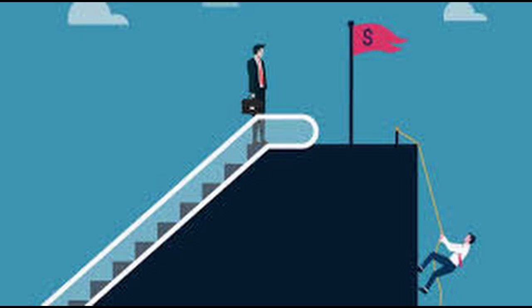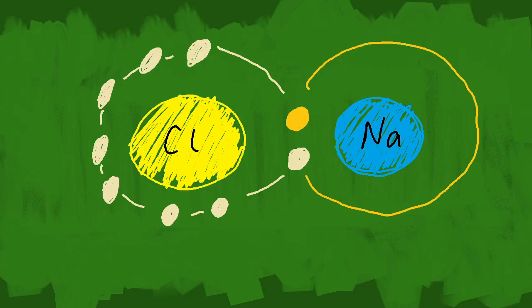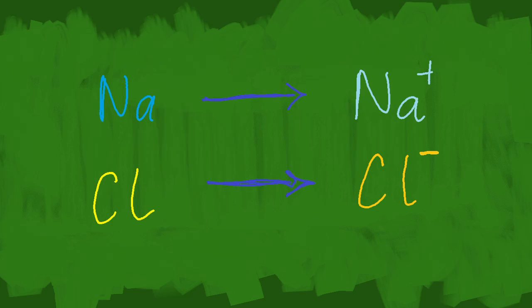The most effective option for these two elements is that sodium should give away its 1 electron and chlorine should receive the given electron. So sodium turns into a sodium plus cation and chlorine becomes a chlorine minus anion, both having a neon and argon configuration respectively.